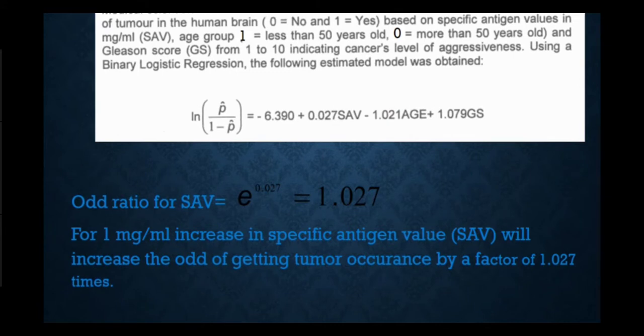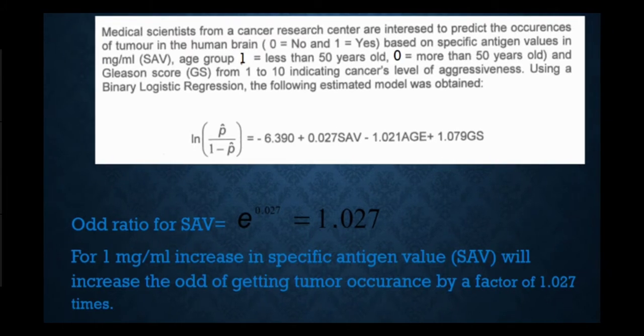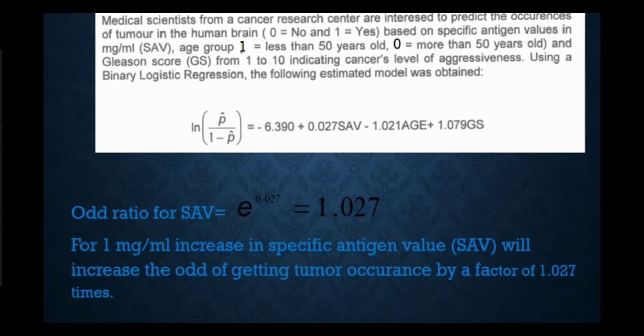Okay, because SAV is a continuous variable, we can interpret it as for 1 mg/ml, milligram per milliliter being the unit for SAV, an increase in the SAV, specific antigen value, will increase the odds of getting tumor occurrence, which is Y. Why do we write it as getting tumor?